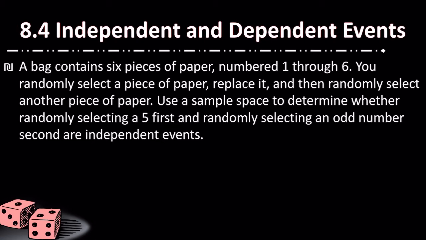Well, we can shortcut this. We replace it. That's going to indicate that it's independent events because the second draw has the same probabilities as the first draw. It's independent because you have 6 choices both times.